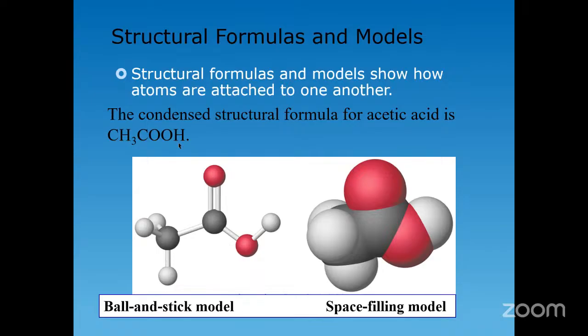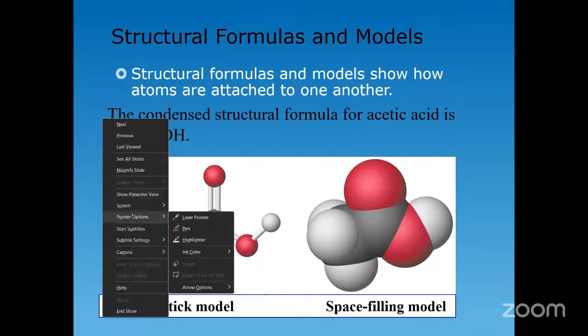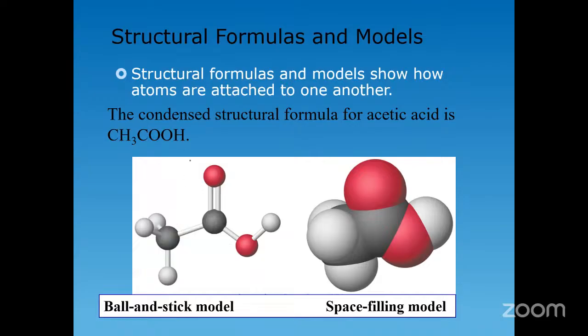A more explicit structural formula for acetic acid would be CH3, then C double bond O, and then OH. And yet a more explicit representation using the structural formula idea is this right here.